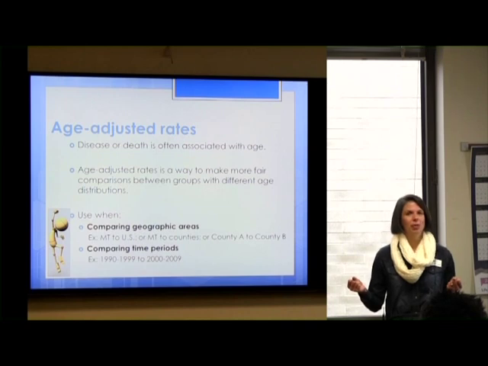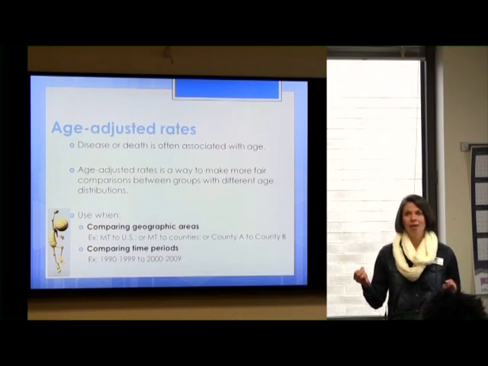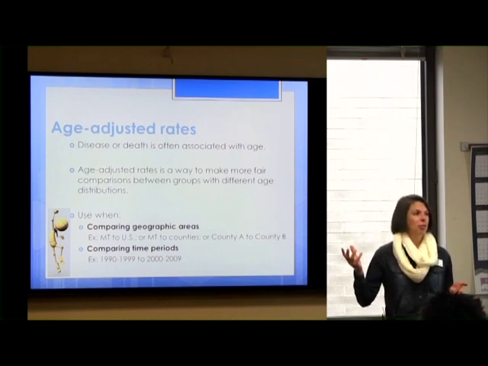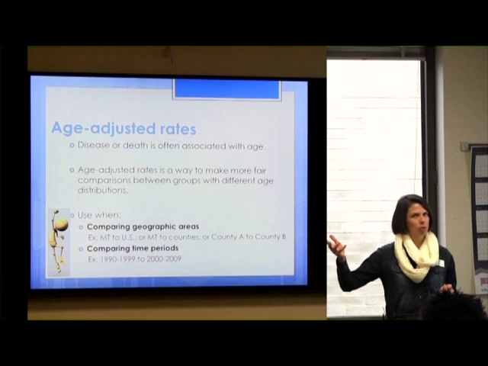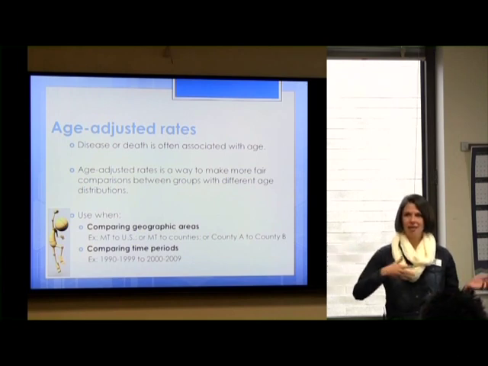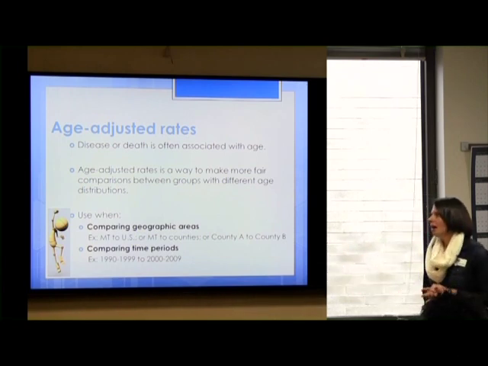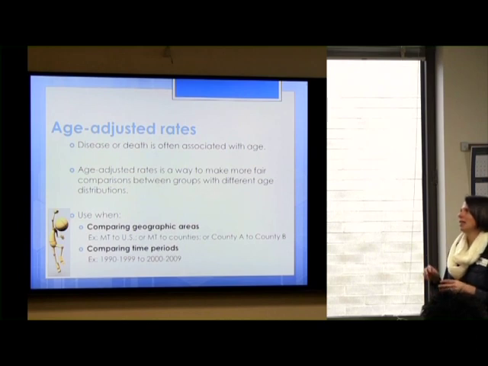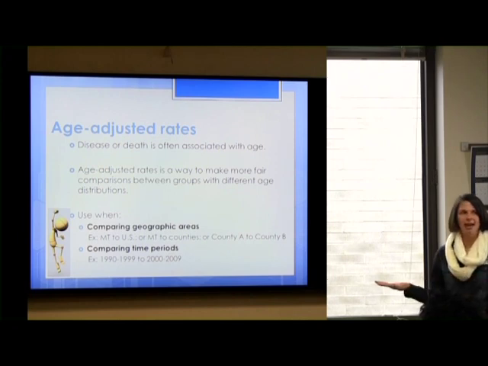And so when we talk about mortality rates in Missoula County versus Billings, we want to make sure that we're not overestimating mortality because one population is much older and therefore more likely to die than the other population. So basically, when we age adjust rates, it's a way to make it a more fair comparison, and we're essentially washing out the effect of age.